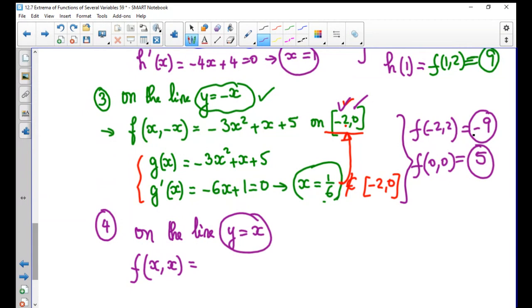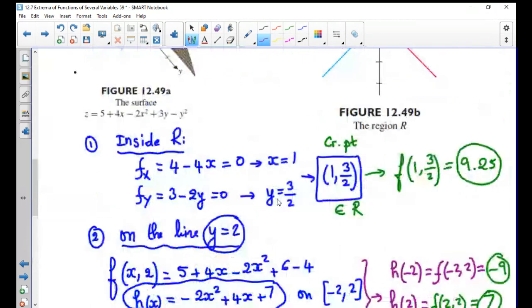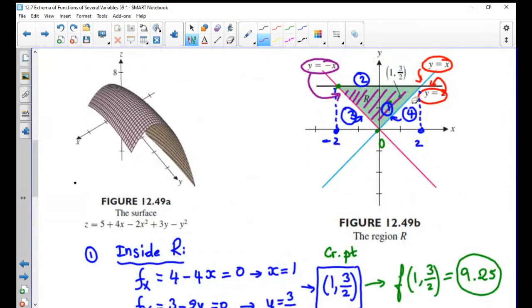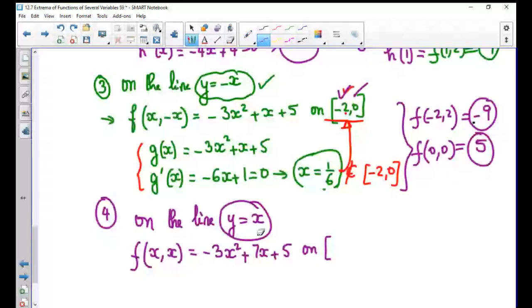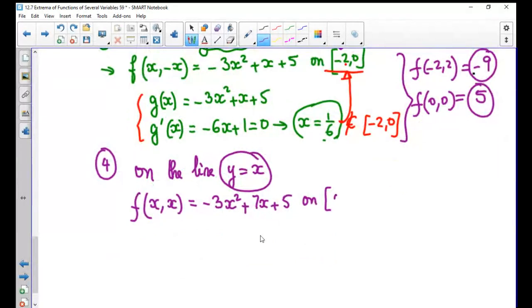And we substitute, we get minus 3x squared plus 7x plus 5. And the interval, what is the interval x? If you look at the boundary, number 4 here, x goes from 0 to 2. Yes, thank you. So on the interval from 0 to 2.